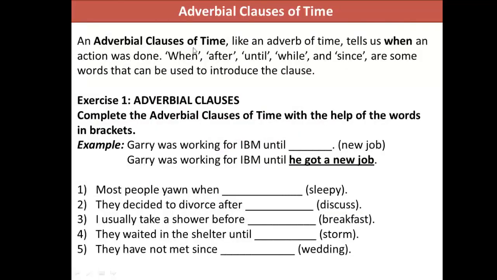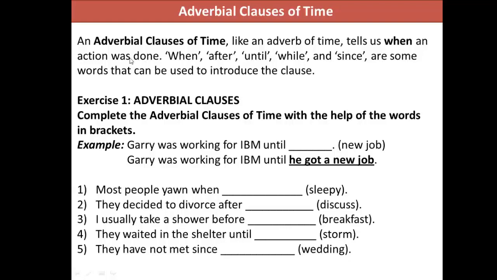Here, an adverbial clause of time, like an adverb of time, tells us when an action was done. When, after, until, while, and since are some words that can be used to introduce the clause. Okay? So an adverb of time and an adverbial clause of time work the same. It tells us when an action was done.